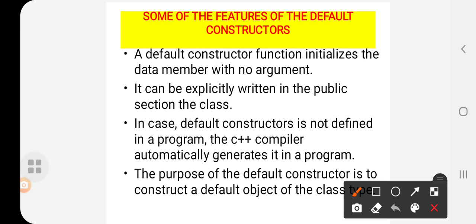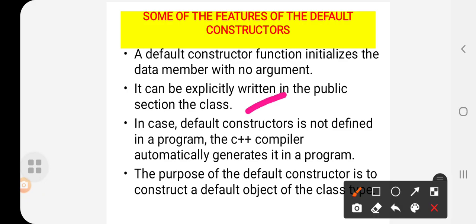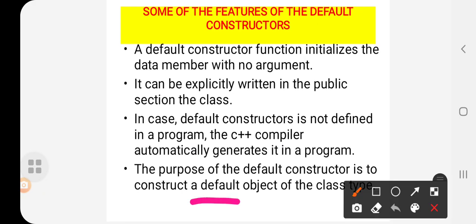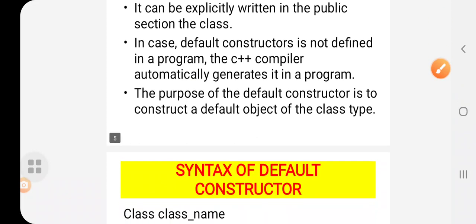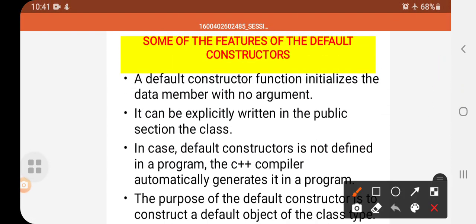If the default constructor is not defined in a program, then the C++ compiler will take action and generate it. The purpose of the default constructor is to construct the default object of the class. So what is the first characteristic?